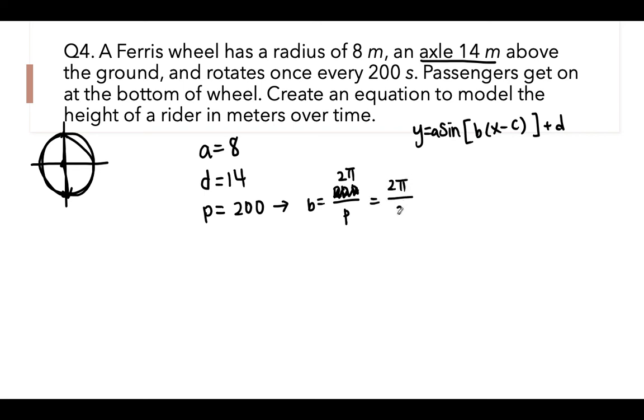So 2 pi over 200 is going to be pi over 100. This is going to be my B value.